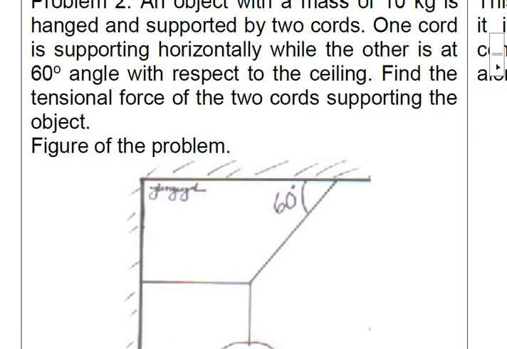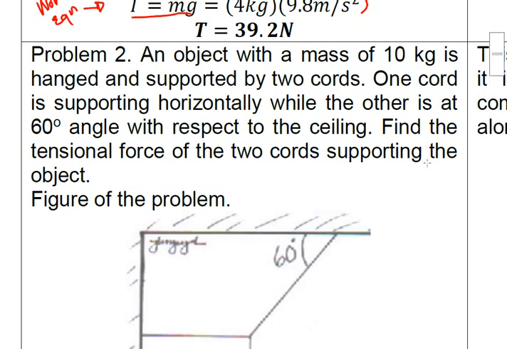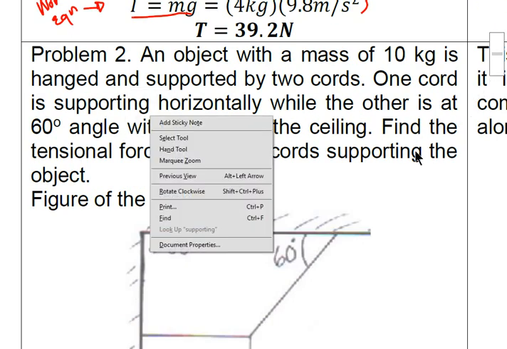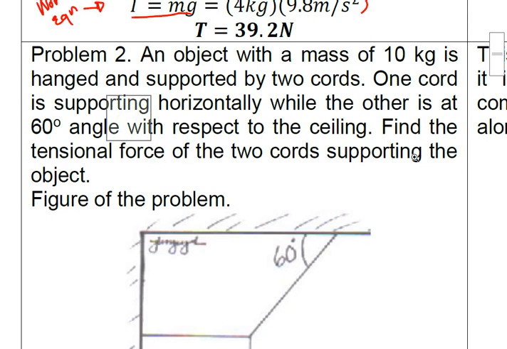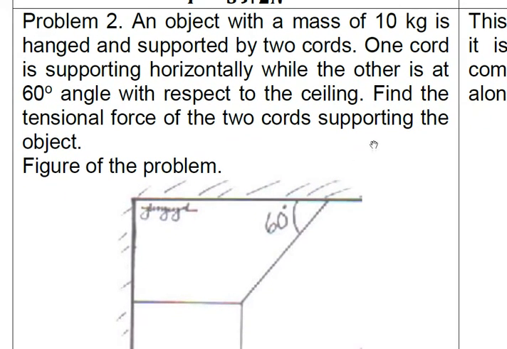Okay, so problem number 2. Maybe this is a complicated problem for you, but you shouldn't bother yourselves with this. All you have to do is to practice. You have here a problem: an object with a mass of 10 kilograms is hanging, supported by 2 cords.